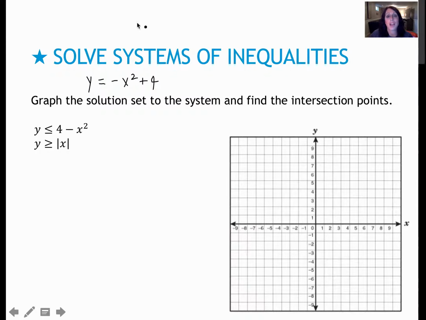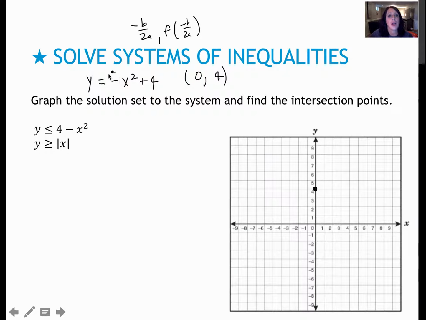To graph a quadratic, I generally find the vertex, which means I'm doing the opposite of b over 2a and then plugging that value into the function. b in this case is 0, so 0 over 2 times negative 1 would just be 0. So my vertex is at 0 comma something. The something can be found by plugging in 0, so 0 squared, which is 0, negative 0, still 0, plus 4. So 0 comma 4 is my first point.